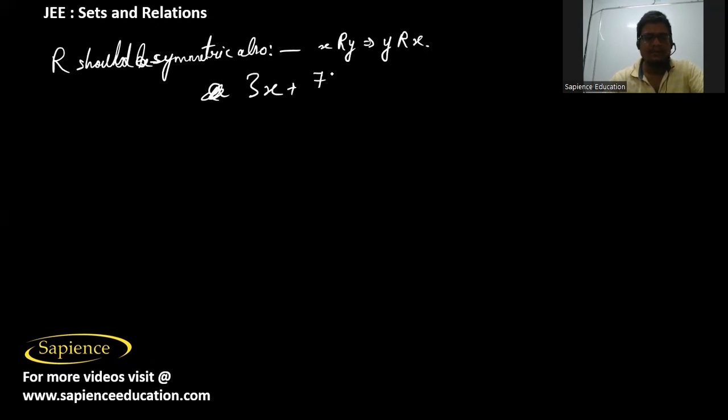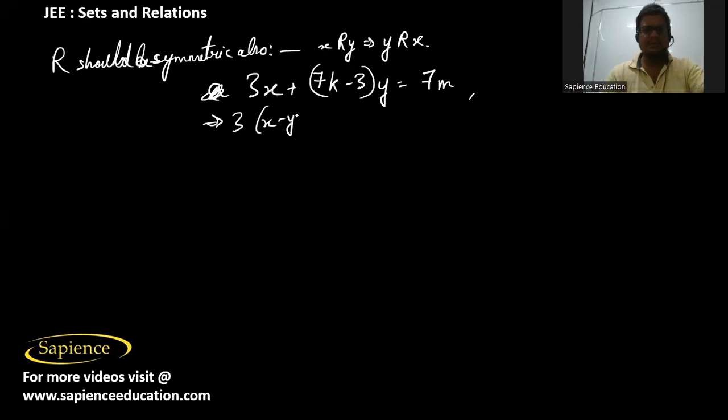Means 3x plus 7k minus 3, since alpha is of the form 7k minus 3, into y should be equal to 7m for some natural number m. So therefore 3 into x minus y plus 7ky should be equal to 7m.